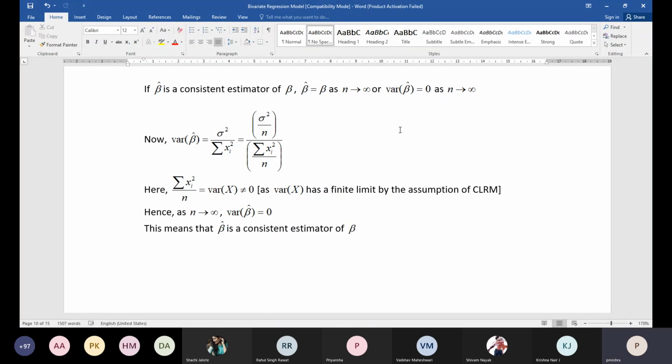I'll again give you some tasks. I won't say tasks, some propositions to be proved. Like one is, prove that alpha hat is an unbiased, efficient, and consistent estimator of alpha.